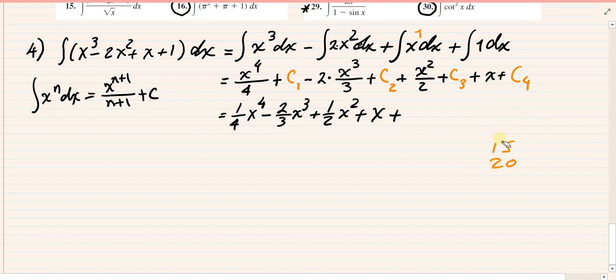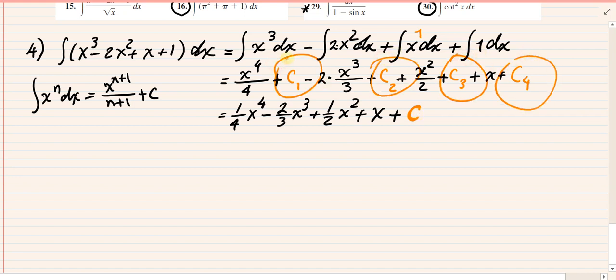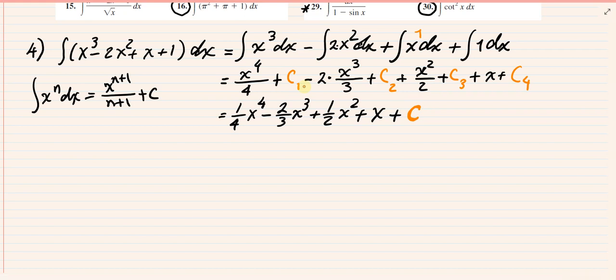So that same idea applies here. I'm just going to call this capital C. Capital C here is just the sum of all these individual constants. So what I have is what we call a global constant that contains all of these individual constants that stem from individual antiderivatives. And there you go.